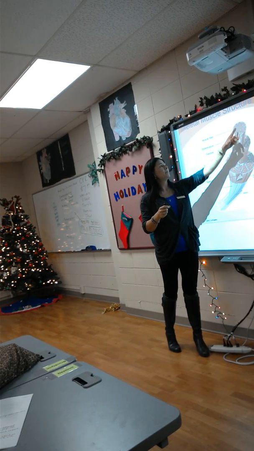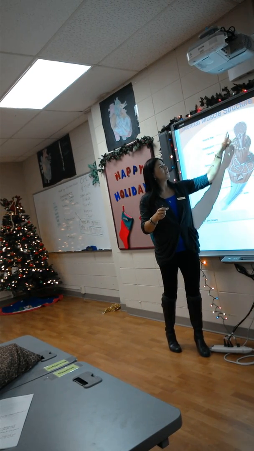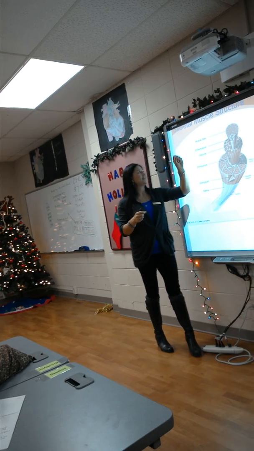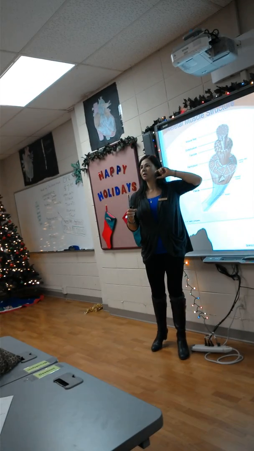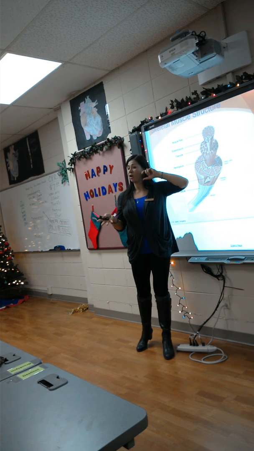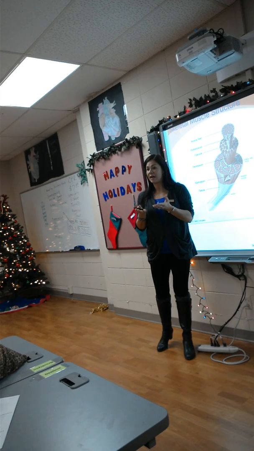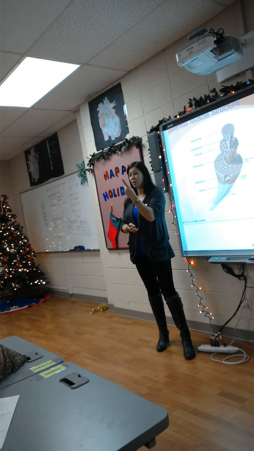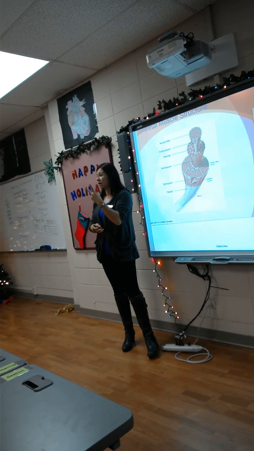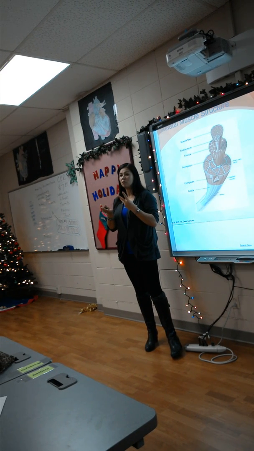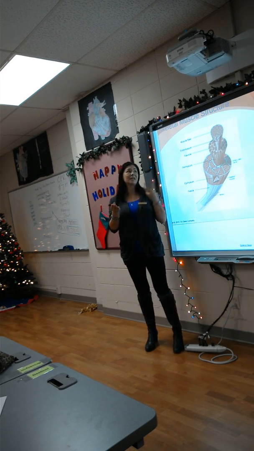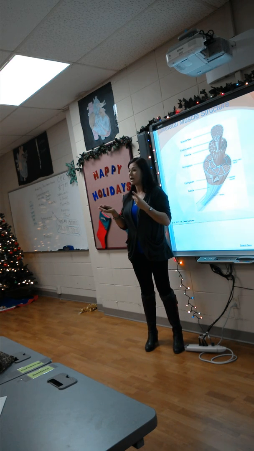Let me back up. Your myofibrils are grouped together and encased in what's called your endomysium. Like with cardiac, when we did endocardium, we said inside that layer because it had 3 layers: endocardium, myocardium, and an epicardium. So the inside was nice and smooth, and it was endo with an E, not an I, but it was inside.